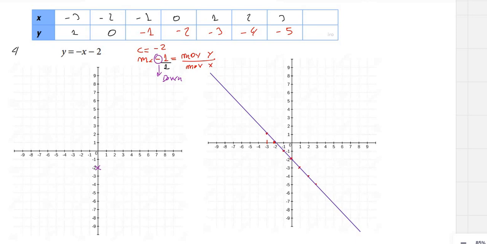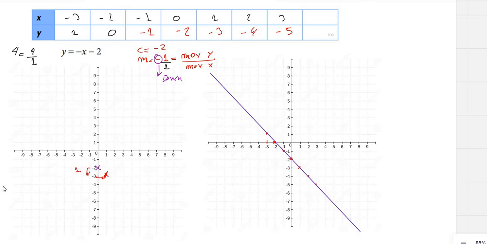For example, 4 is 4 divided by 1, which we don't write, but we know that all numbers can be divided by 1. So -1 means that you move one value of y down, because it's negative, and then one value to the right in x. So this will be the other point.